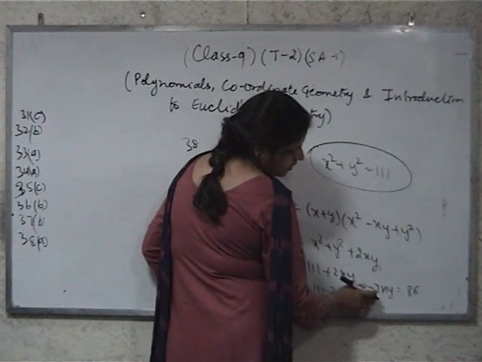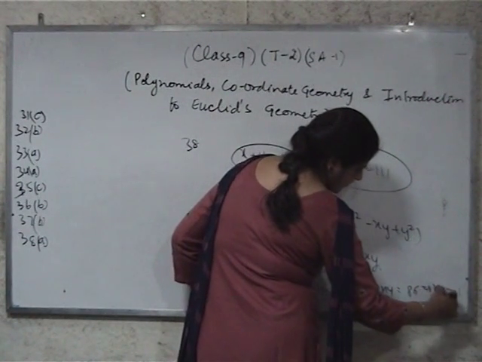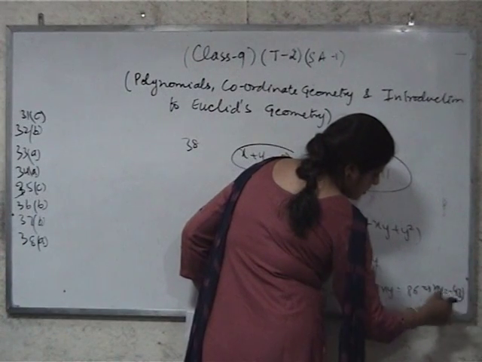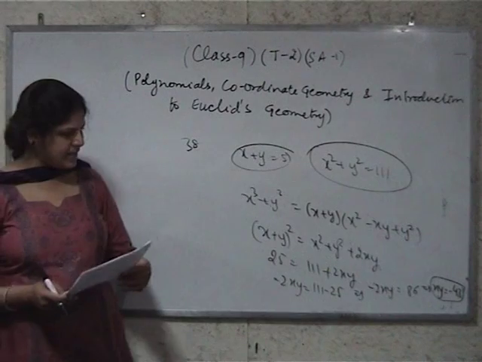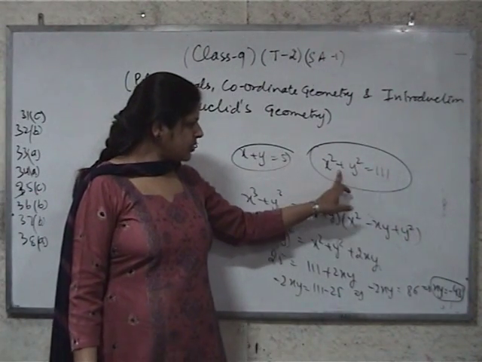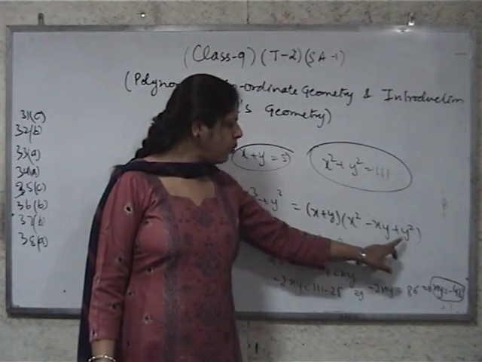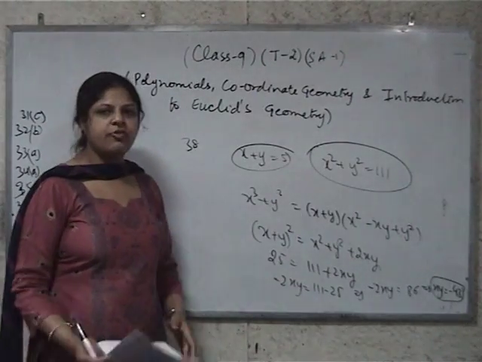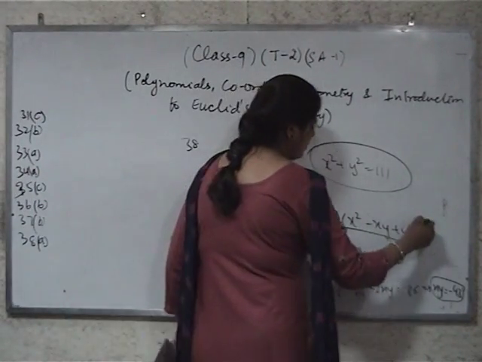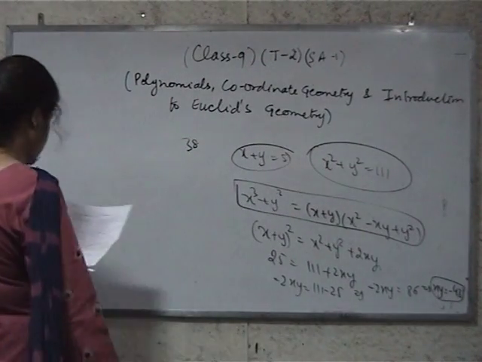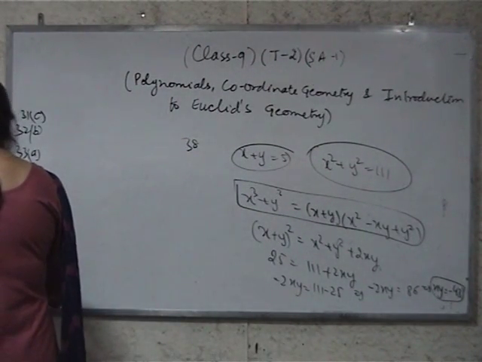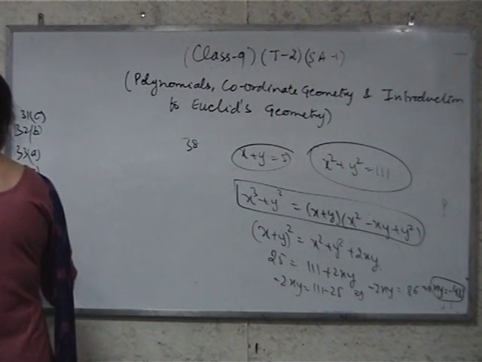Or xy as minus 43. Now I have all the values. x into y as minus 43, x square plus y square as 111, and x plus y as 5. Put all the available values here to reach the final answer. Next is question number 39, and the answer for this is delta.